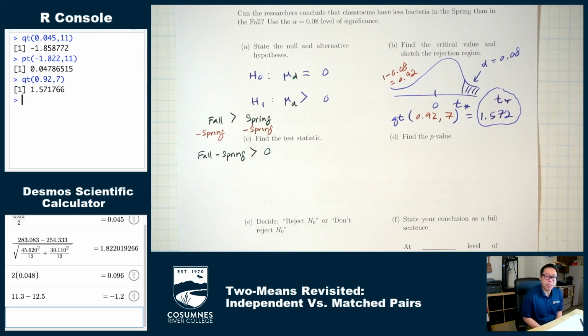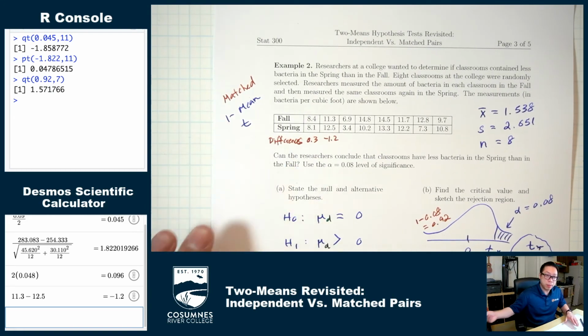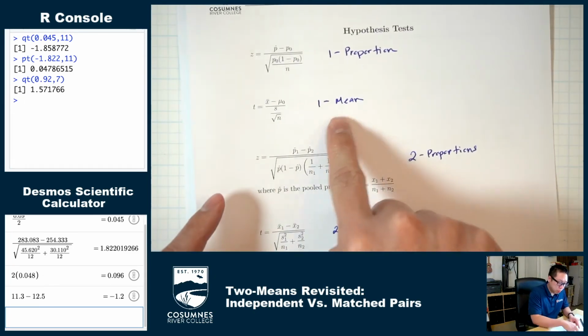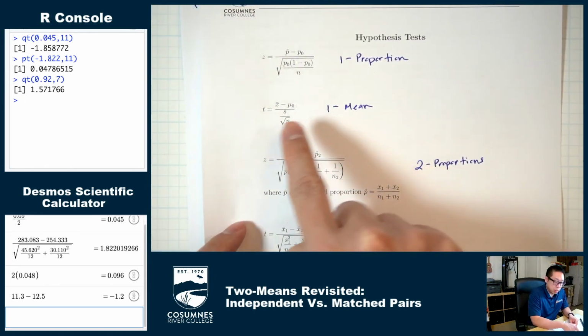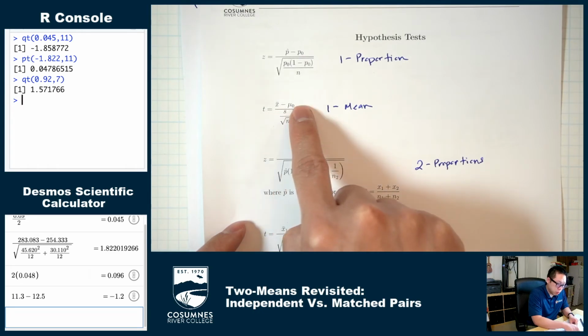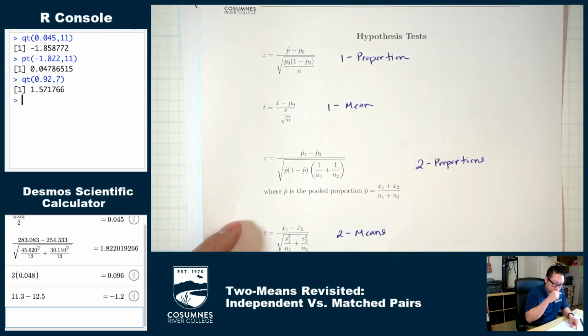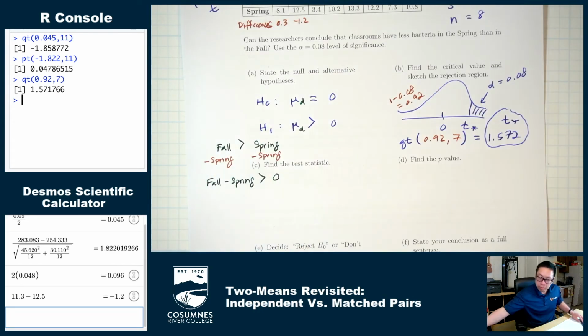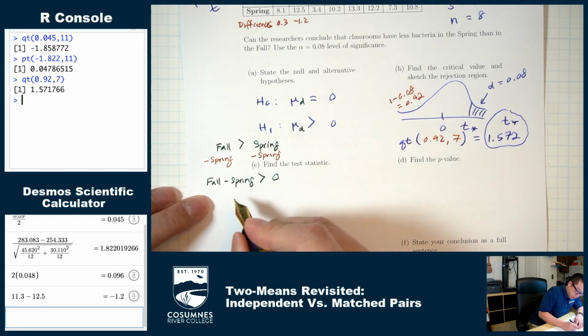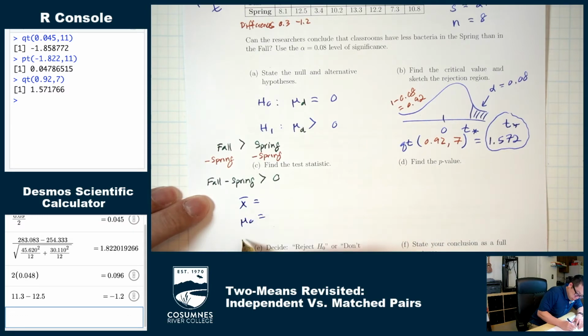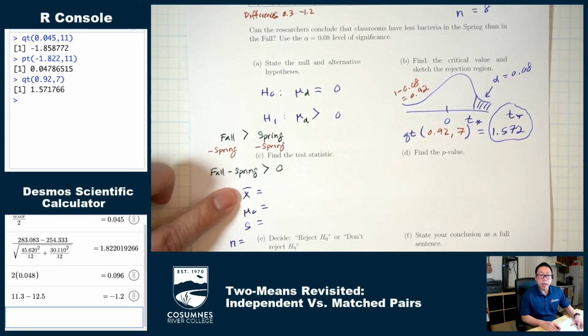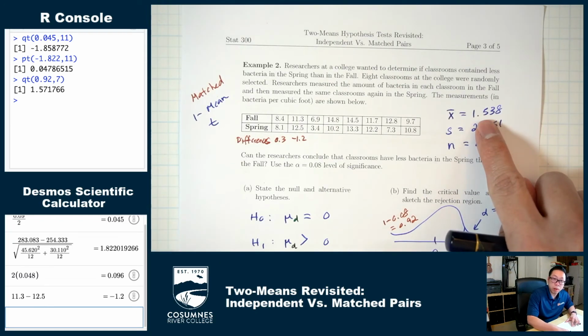Part C, find the test statistic. So we're running this as a 1 mean, which means we'll be using the 1 mean formula, and that's going to be this one. So we have an x bar, a mu 0, an s, and an n. x bar we found already, that's 1.538.